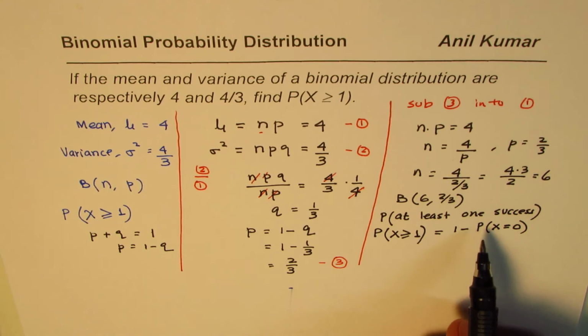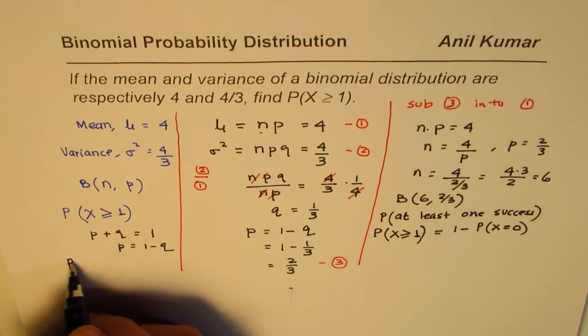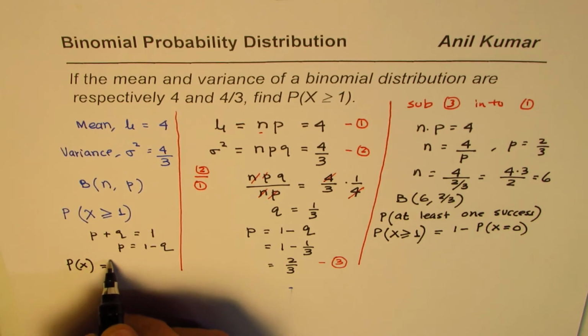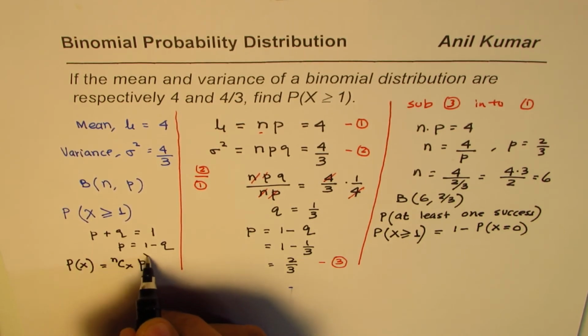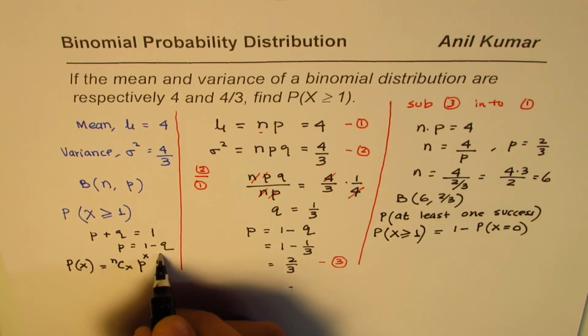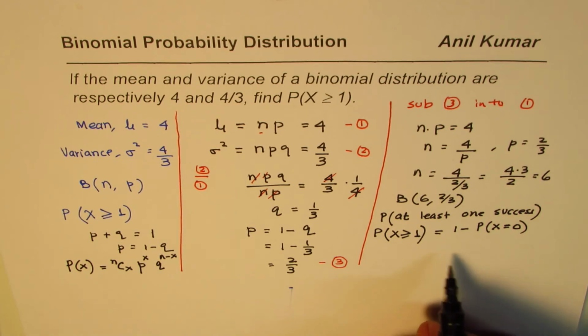Now we know the formula for the probability of x successes, which we can always use. That is probability, lowercase p of x, is nCx p to the power of x times q to the power of n minus x. We'll use this formula here to find our answer.